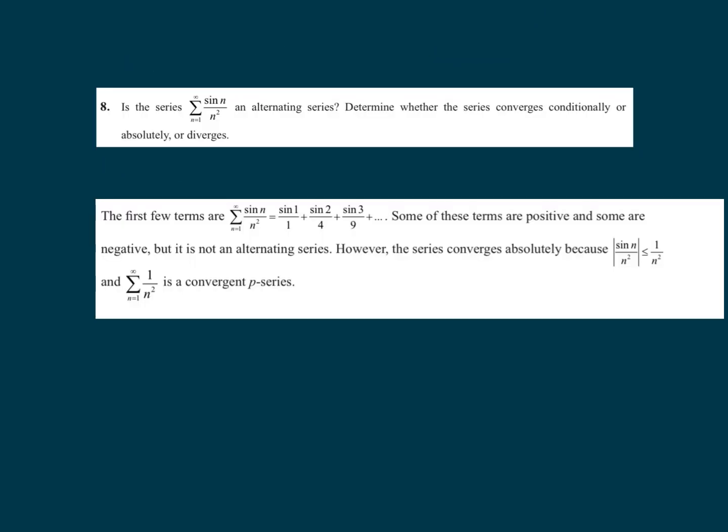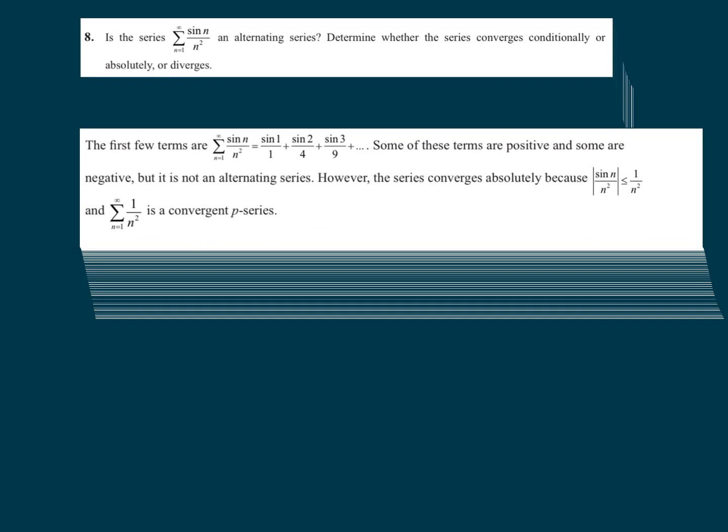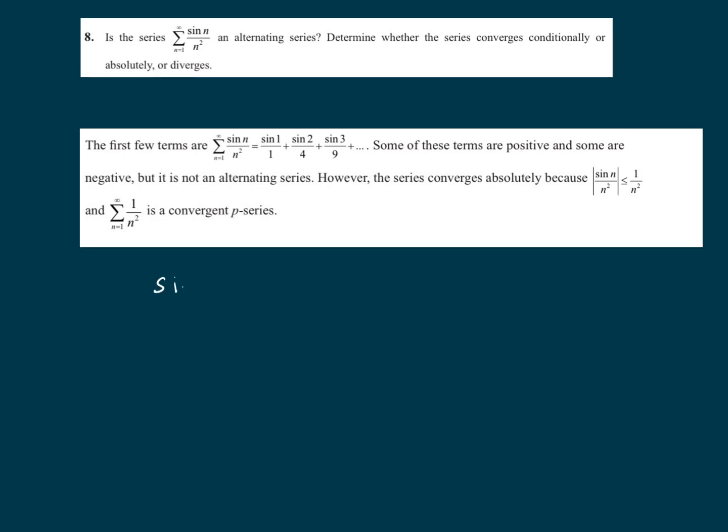Let's go to this one. So now we do the next one. The next one says the series sine of n divided by n squared, and it is an alternating series. Okay, sine of n divided by n squared.